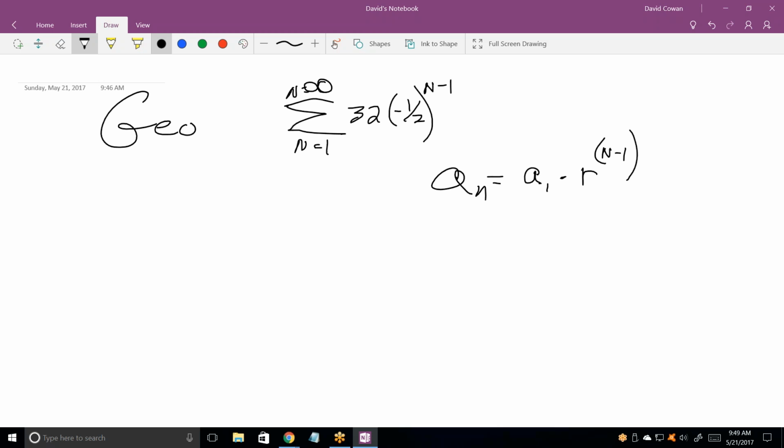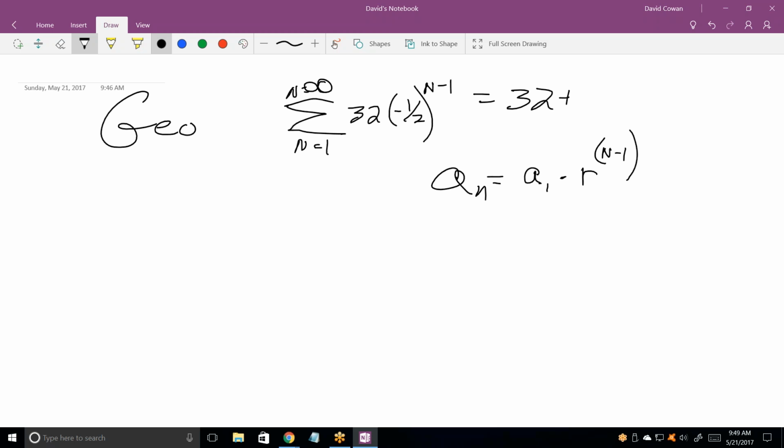In other words, if we write out the first few terms, we don't really need to if you have the other formula that I'm going to talk about memorized. But when n is 1, that exponent is 0, so that becomes 1. So 32 is the first term.